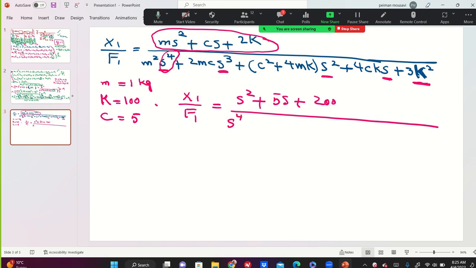Gonna be s4 plus 2mc, it's going to be 10, s cube plus c squared, 25, plus 400, 425 s squared plus 4ck. ck is 500, times four, gonna be 2000 s.